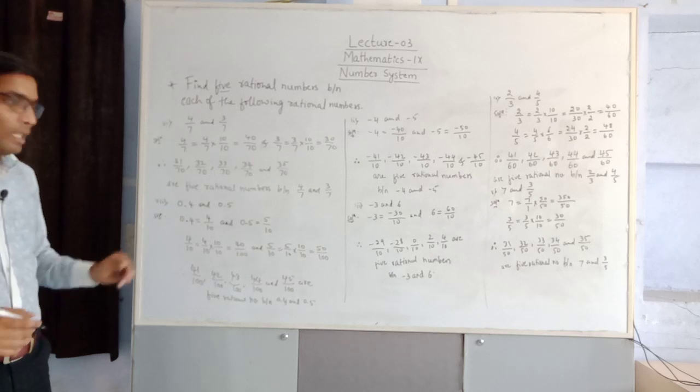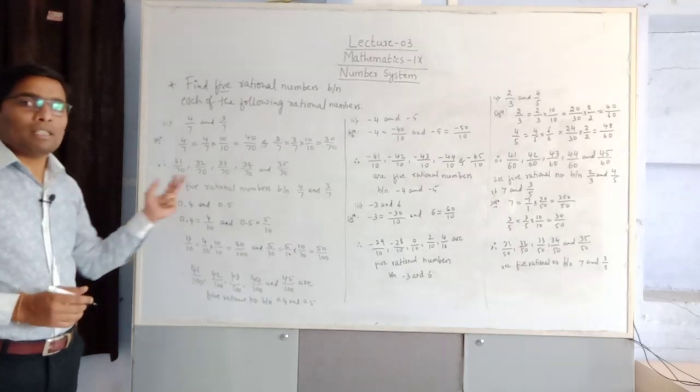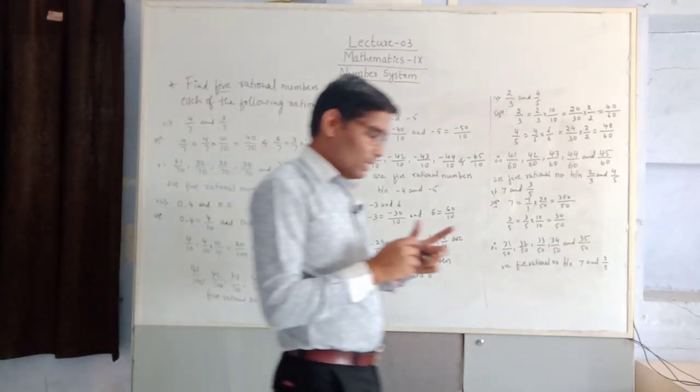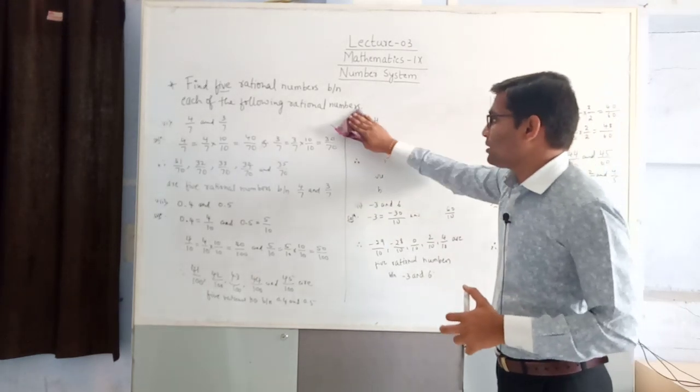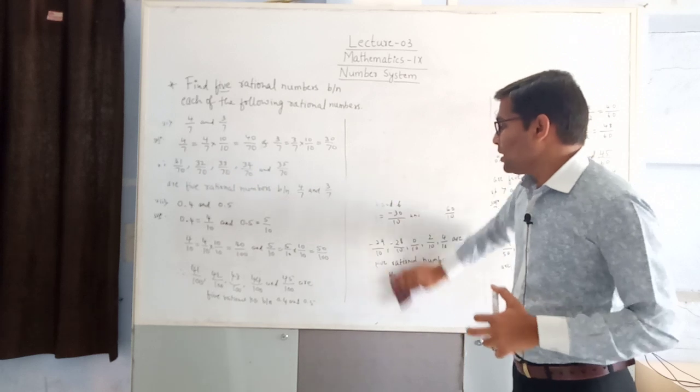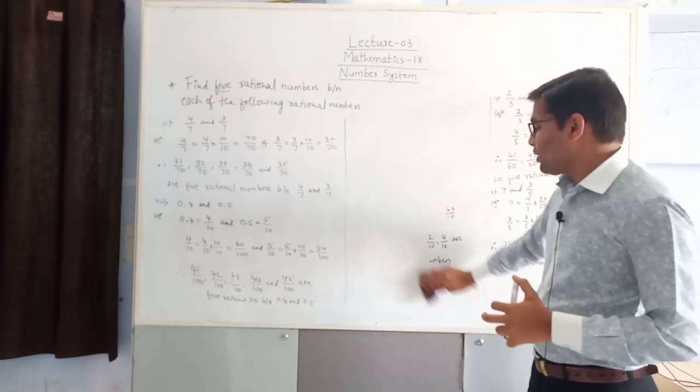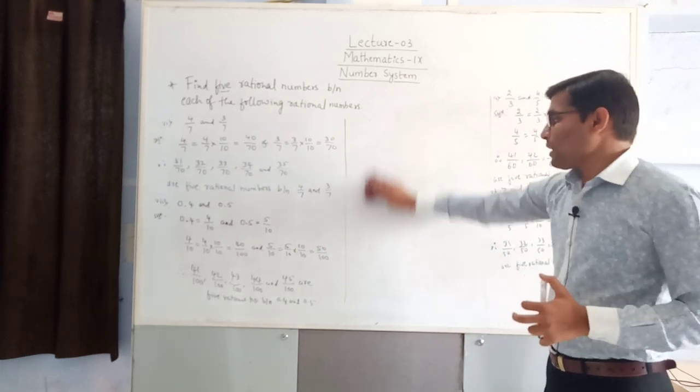This is a way of finding when the given rational numbers are decimals. Now moving to the next kind, that is when one of the given rational numbers is a decimal and another one is in p by q form, that is a fraction.